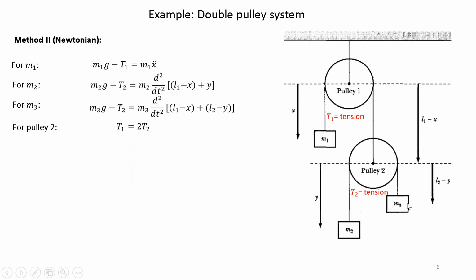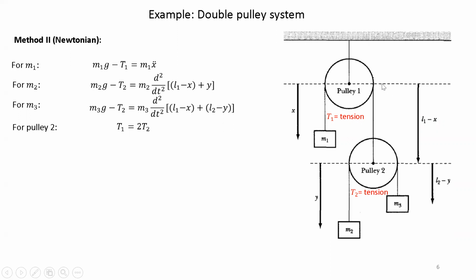But that one is still not the total acceleration of M2 and M3, because the pulley itself, that is this whole system itself, may also be accelerating up or down. Therefore, let's define the coordinates in a convenient way.